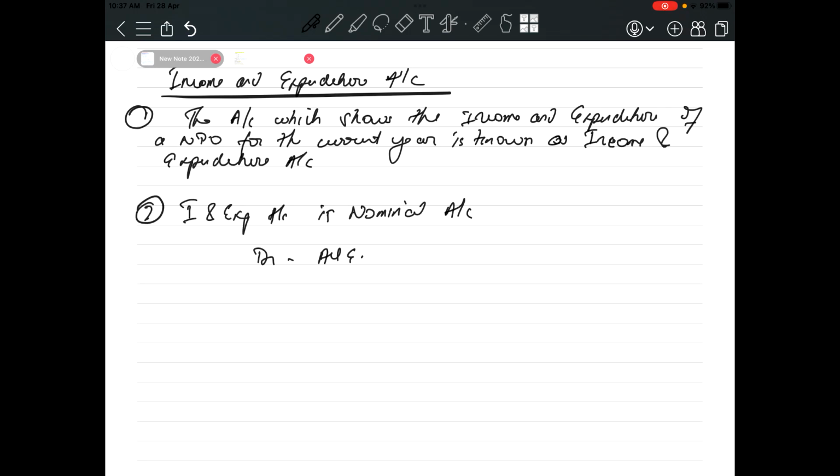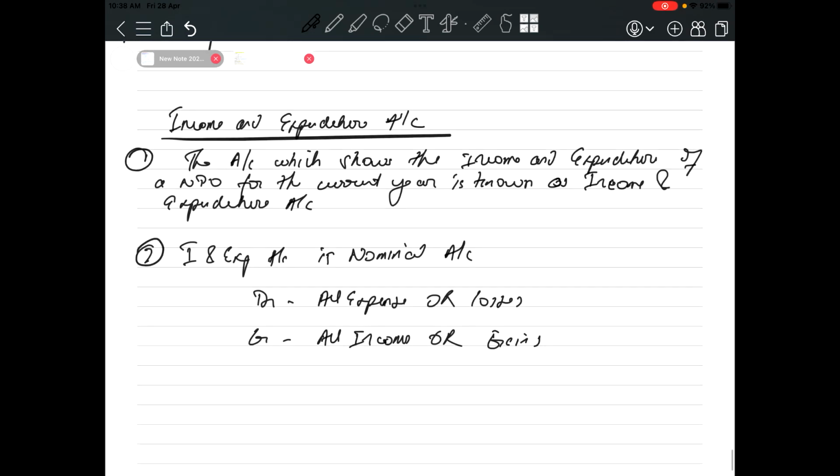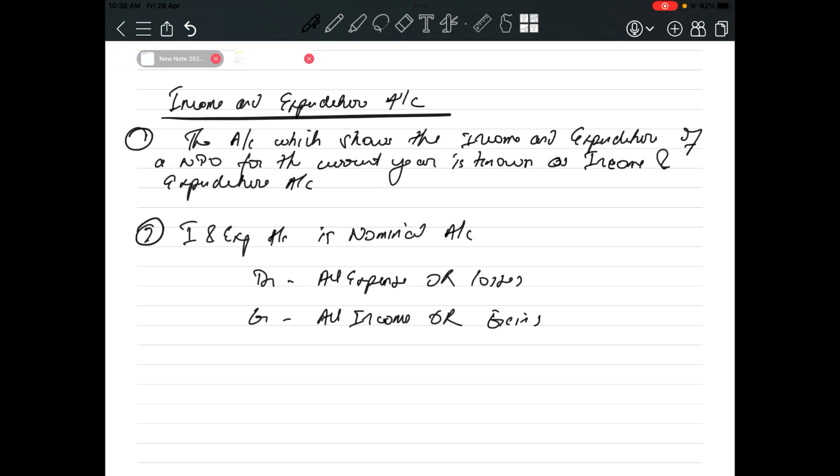Debit all expenses or losses, credit all incomes or gains. You'll get this type of question in MCQ: is receipt and payment account a real account? Yes. Income and expenditure account is a nominal account.